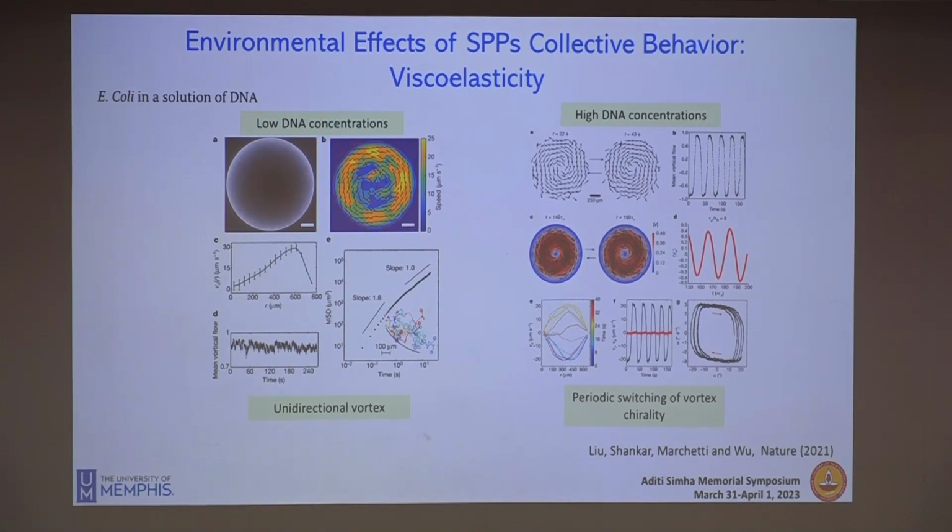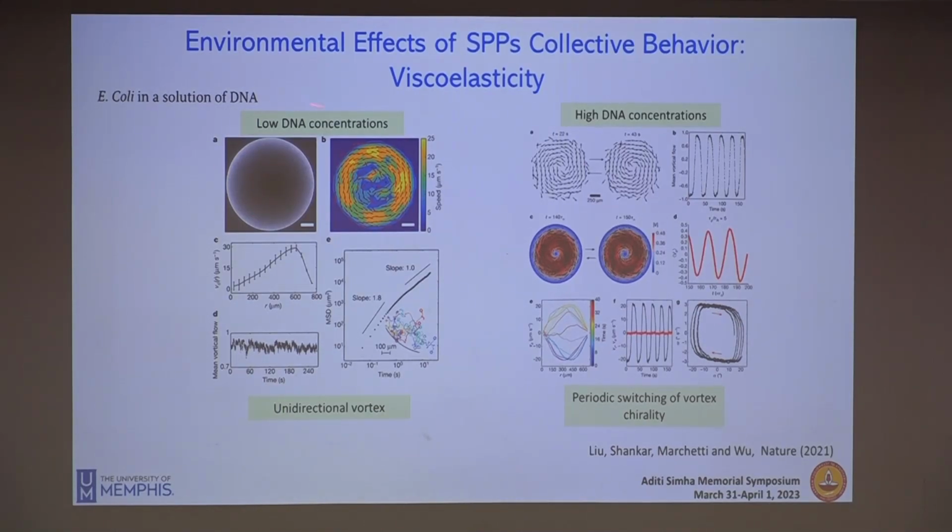In another example, the work is done by Marchetti's group, and I think Shankar was probably a student at IIT Madras, if I recall. What they have here is a solution of E. coli in a droplet, but in that solution there is also a certain amount of DNA.